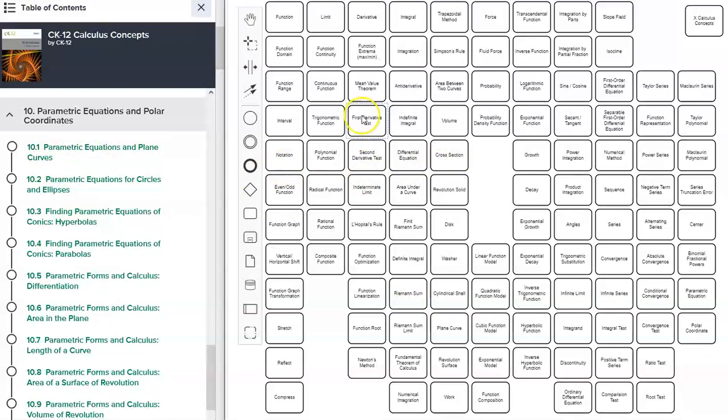Didn't we already get a plane curve earlier? Area between two curves. Plane curve. So that's coming up again.